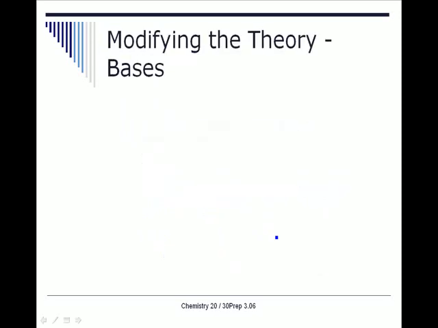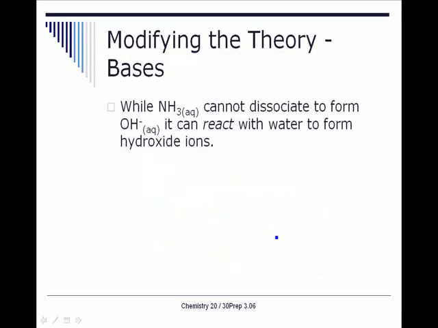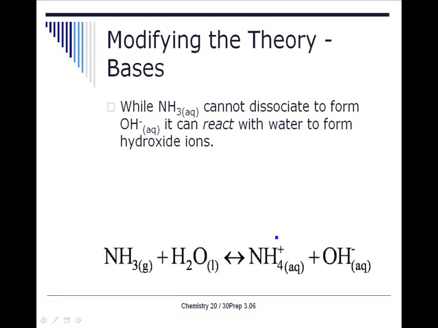And so that's how we're going to modify our theory. We're going to say that bases that can't make their own hydroxides can react with water molecules to form hydroxide ions. And so notice that because they can't make their own hydroxide, and because they're forming ions, we use this double-headed arrow. In your book, you'll see it drawn like this.